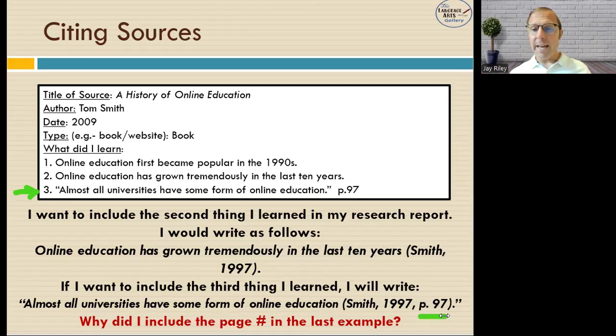Why did I include page 97 here when up here I only said Smith in 1997? Well, because in this source right here, or this excerpt from Smith's book, it's a direct quotation. So because it's a quotation, I need to ensure that I've used quotation marks to show exactly what he says, and I included the page number.